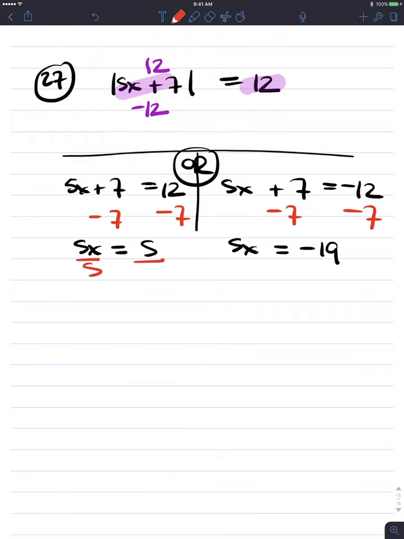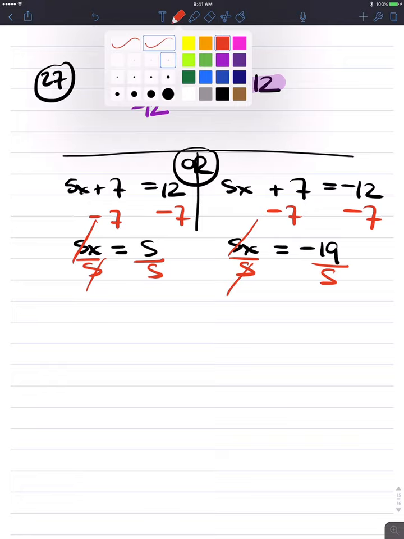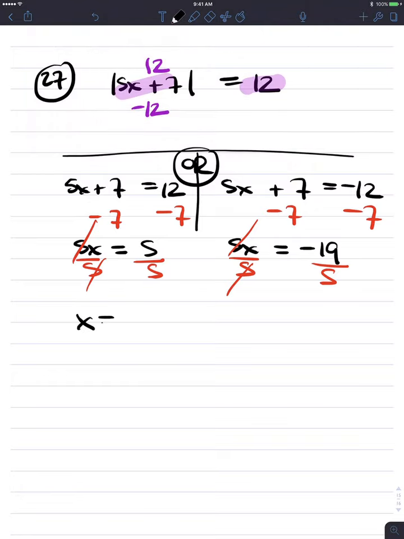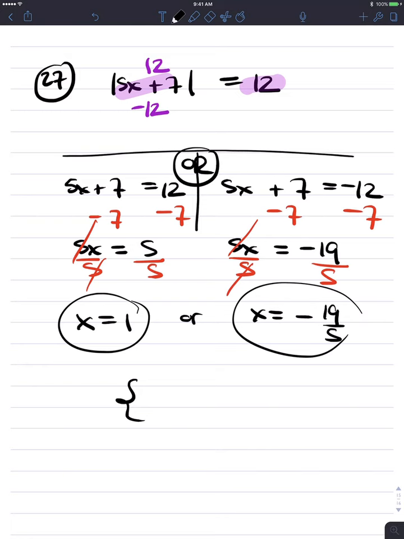Divide both equations by 5. x is the value of 1, or x is the value of negative 19/5. These are my solutions.